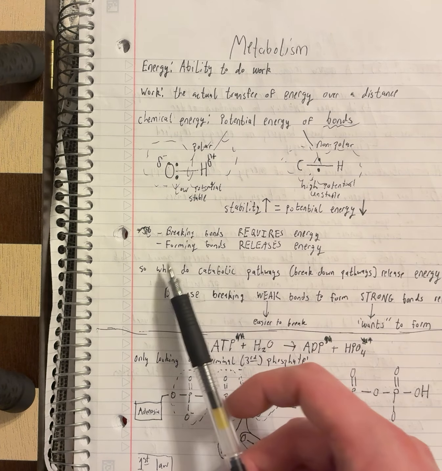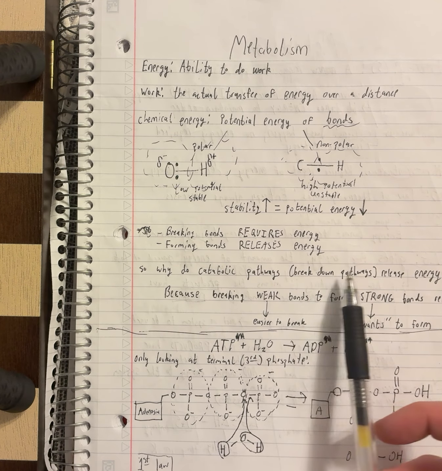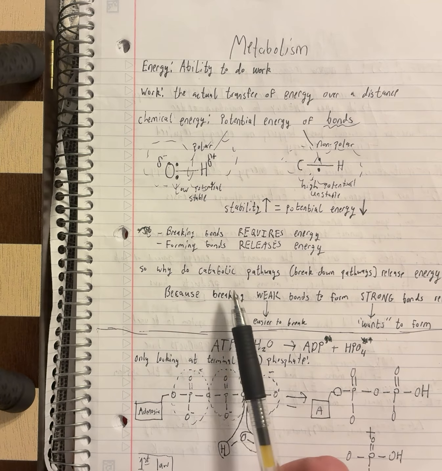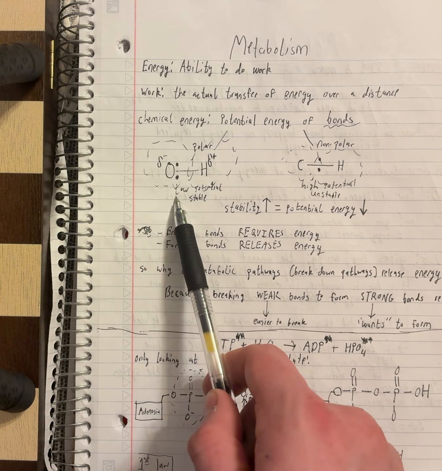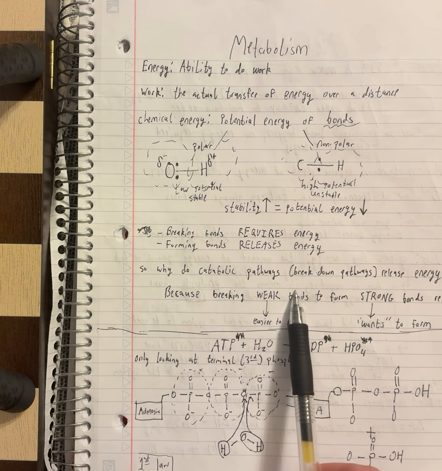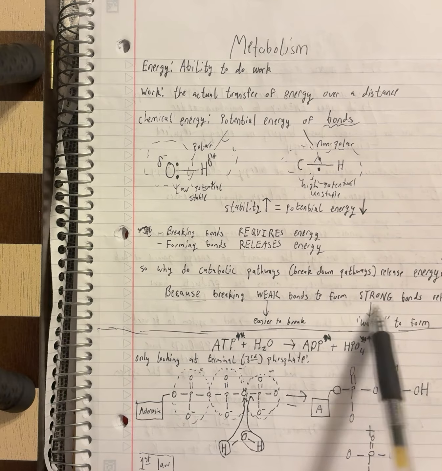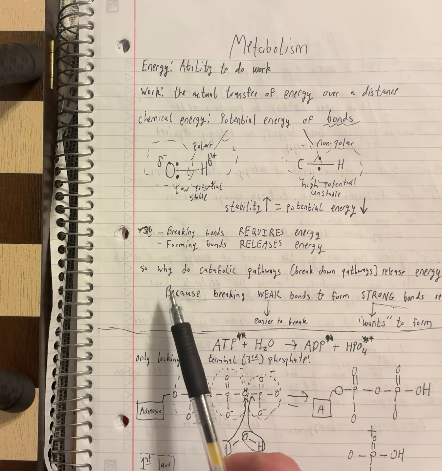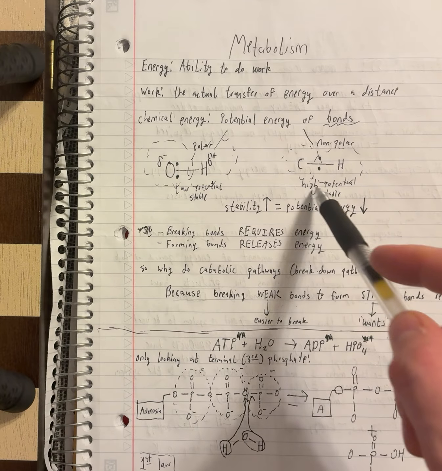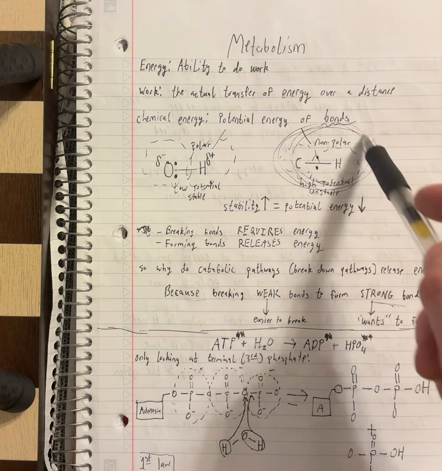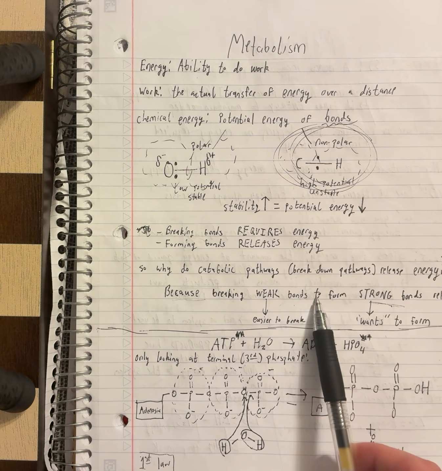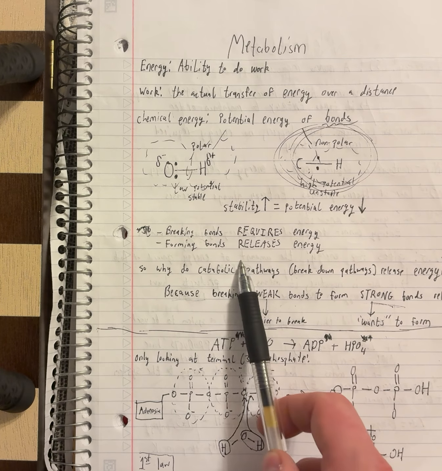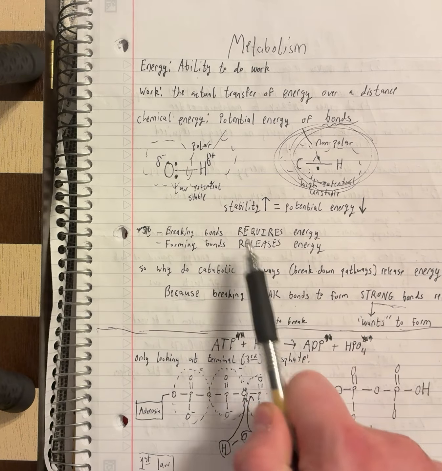So why do catabolic pathways, which break down things, release energy? This is because breaking weak bonds, like this carbon-hydrogen bond, breaking this bond in order to form stronger bonds releases energy, because forming bonds releases energy.